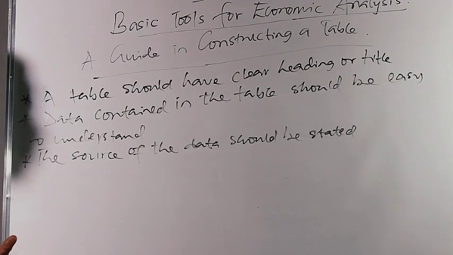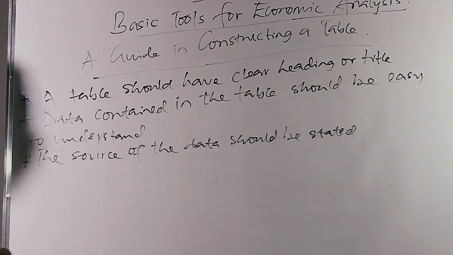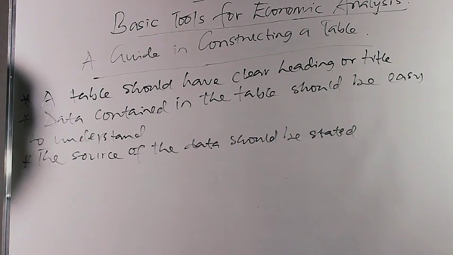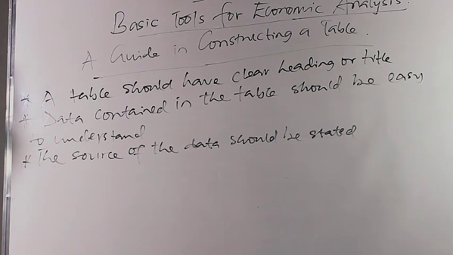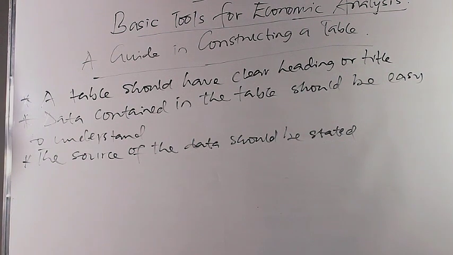The next thing found in a guide of constructing a table is that the source of the data should be stated. That means where the information was derived from. Is the information derived from an authority, like an agency or a government parastatal or a department, or is it derived from an individual? Mostly the data that we are dealing with usually come from an authority.